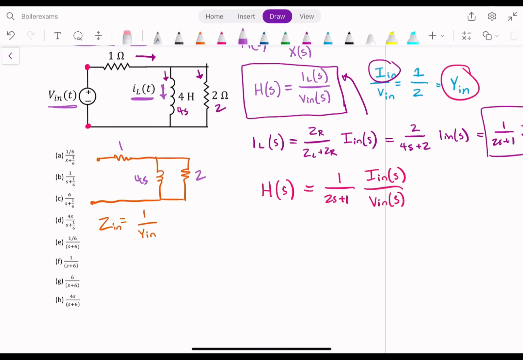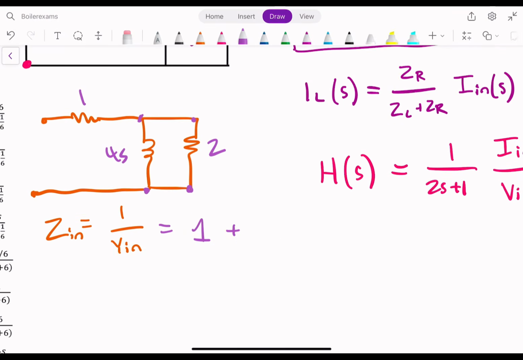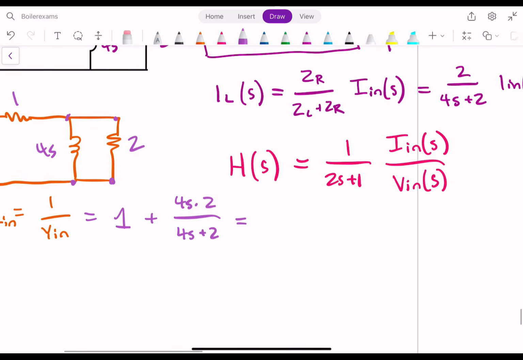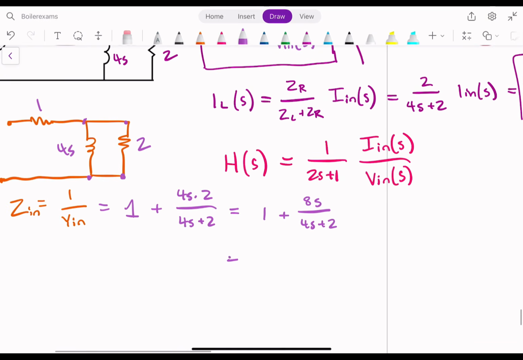So this is equal to our first resistor plus the impedance across these two nodes of those two elements, which is just our product divided by our sum. So 4s times 2 divided by 4s plus 2. This simplifies to 1 plus 8s divided by 4s plus 2. This simplifies to 1 plus 4s divided by 2s plus 1.